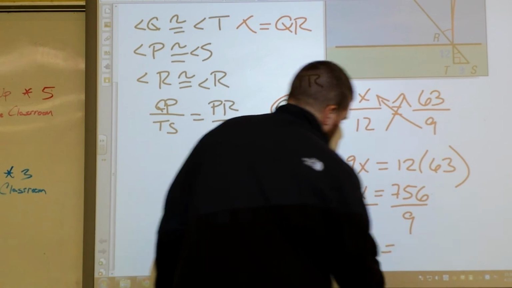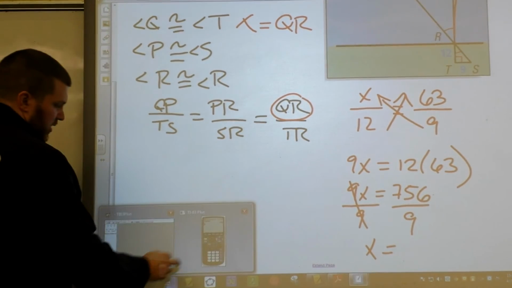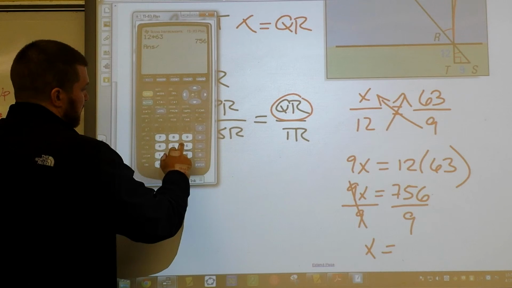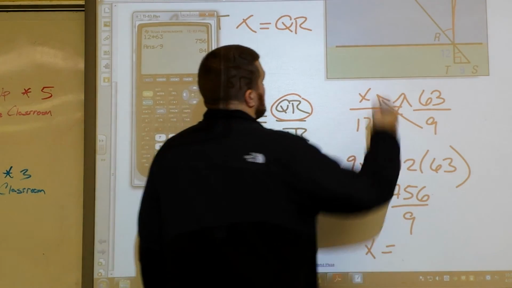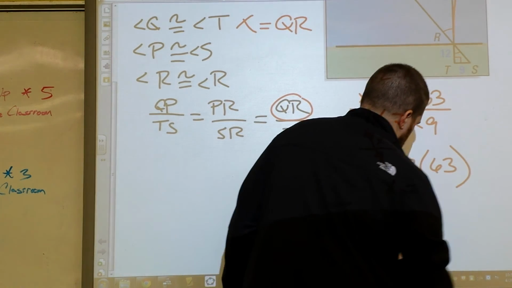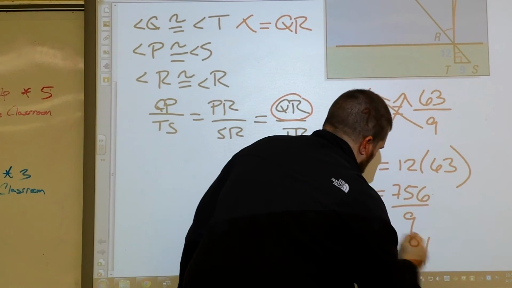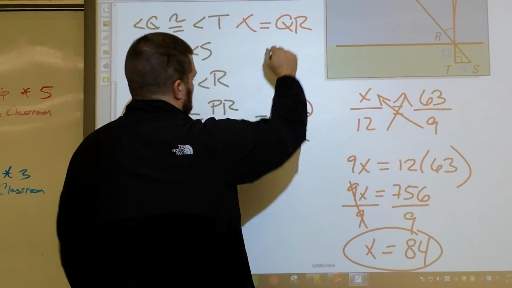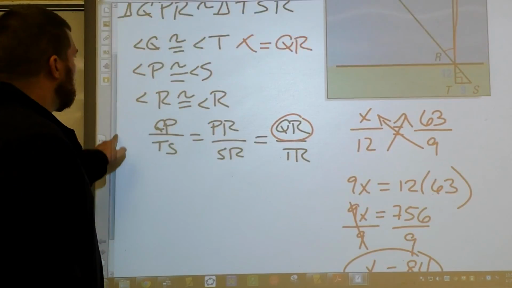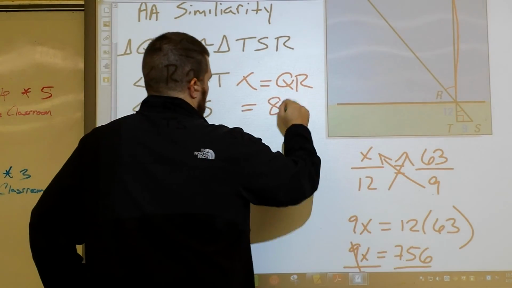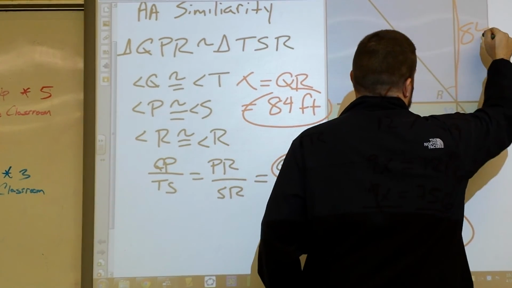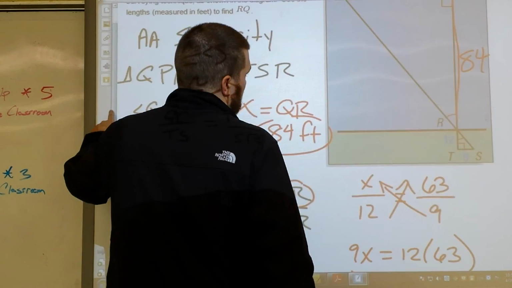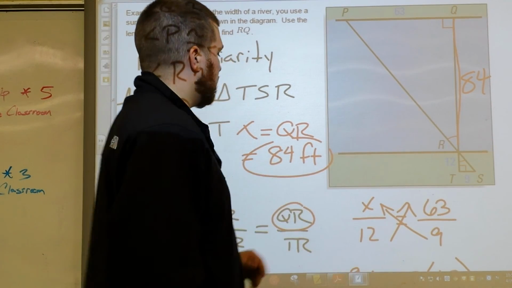I have x equals, again, I'm going to use the calculator to help out. 756 divided by 9 is 84. Well, we know that x equals QR, so my answer is 84 feet. So this length on our picture is 84 feet. So it's 84 feet across this river.